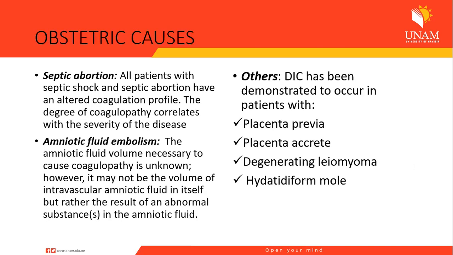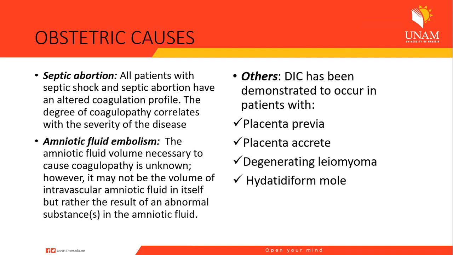Other obstetric causes include septic abortion and amniotic fluid embolism. Although the cause is unknown, it may not be unconnected with the volume of intravascular amniotic fluid itself, but much more is a result of the abnormal substances that are present in amniotic fluid.